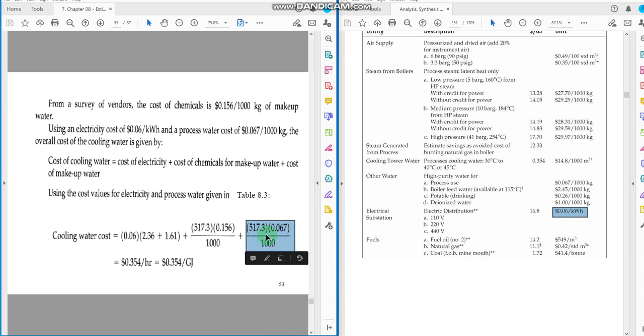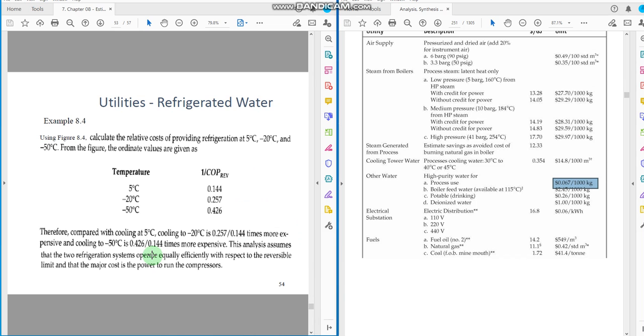For the cost of the cooling water, from the process use water in the table, the value is $0.067 per 1000 kg. You put this value in the equation and simplify to get the total cooling water cost, which comes out to be $0.354 per hour, or $0.354 per gigajoule.